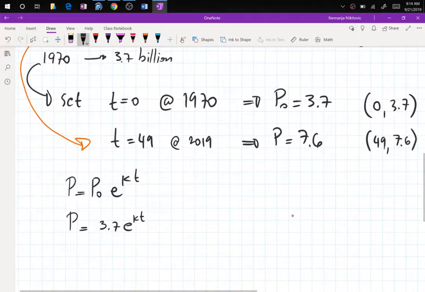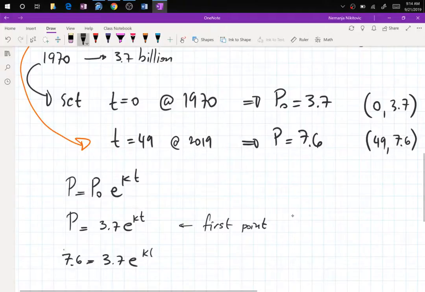We can calculate k. So this is the first point. And now we go 7.6 equals 3.7 e to the k times 49. Second point.